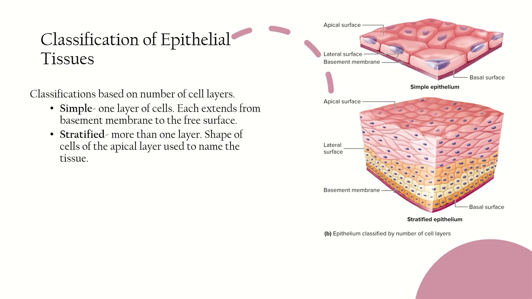There are classifications of epithelial tissues, again based upon function and location, but really more focused on the layers of epithelial cells you have. So there's simple, which is just one single layer connected to your basement membrane. Then there are your stratified epithelial tissues that have multiple layers of cells stacked on top of each other.